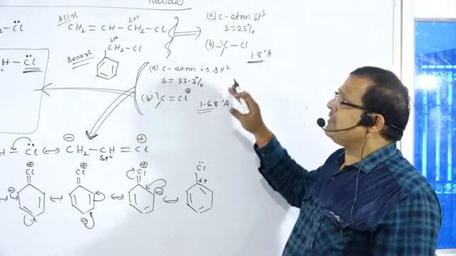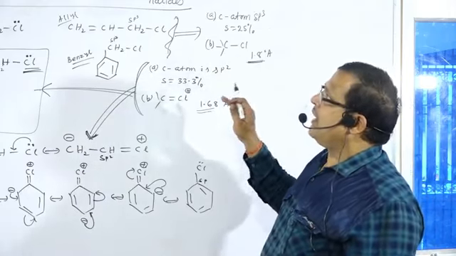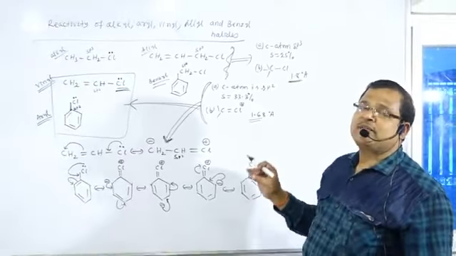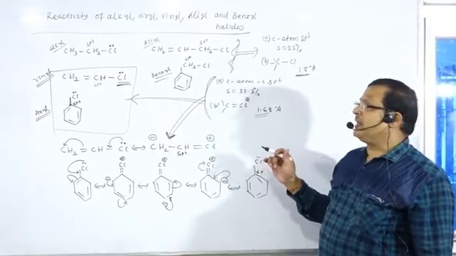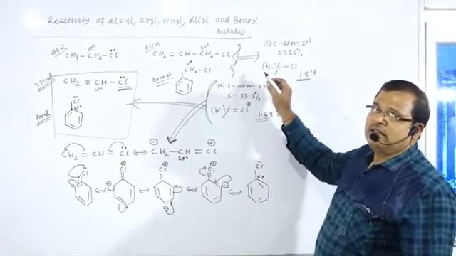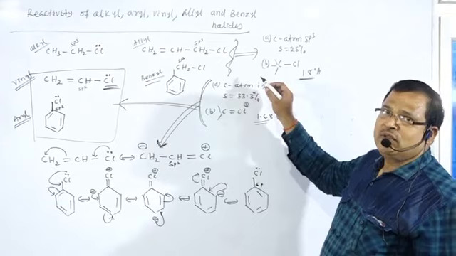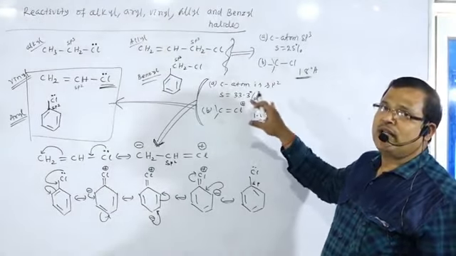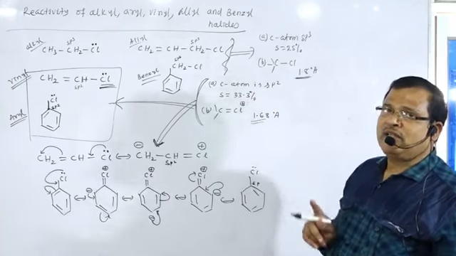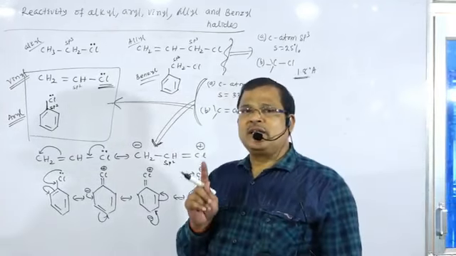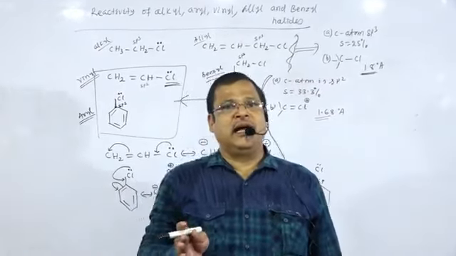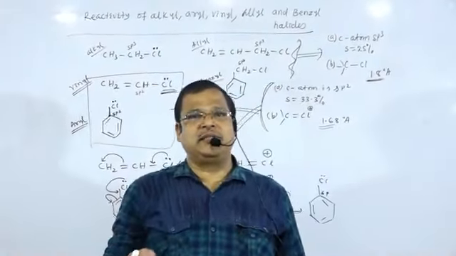So the reactivity of alkyl, aryl, vinyl, allyl and benzyl halides can be explained on the basis of hybridization, resonance, which helps in the development of double bond character, and bond length.